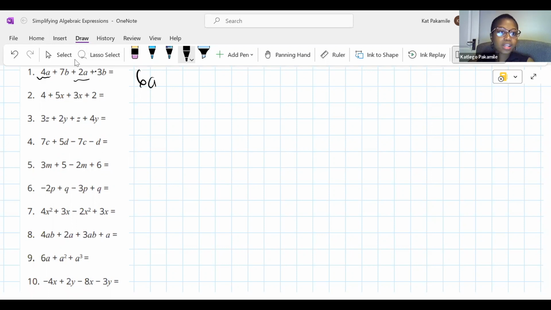And then 7b plus 3b is going to be 10b. It's like saying I have 4 apples plus 2 apples, which is 6 apples. And then 7 bananas plus 3 bananas is 10 bananas. Do we see how this works, guys?